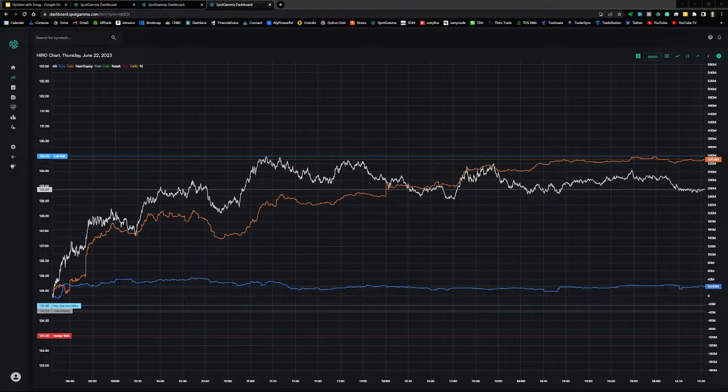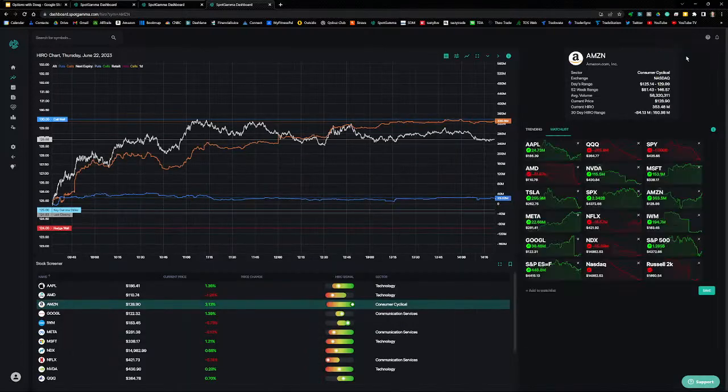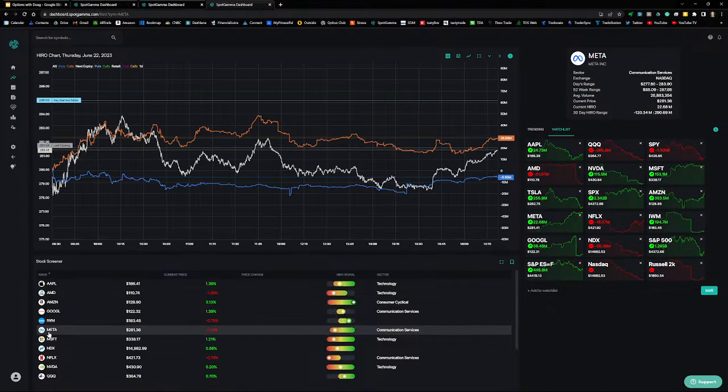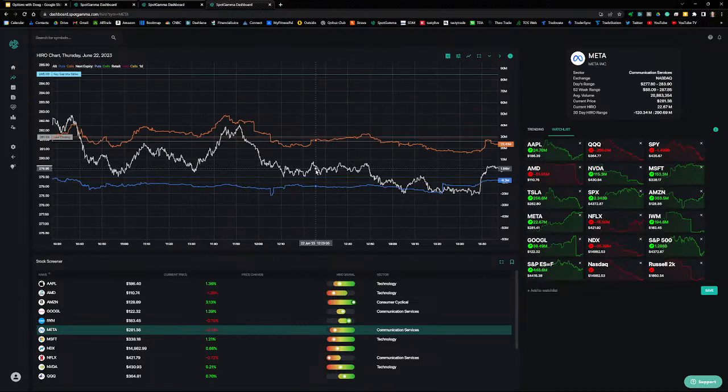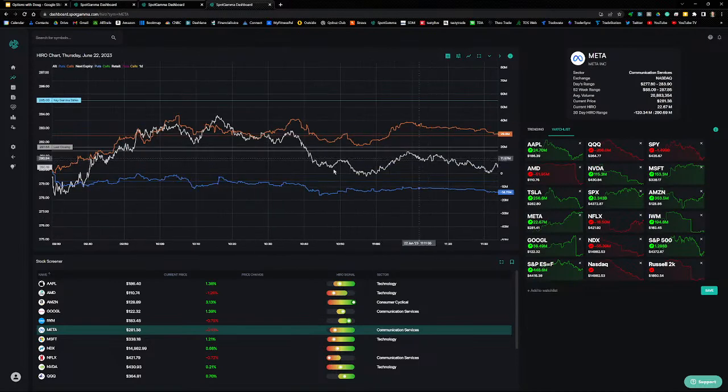All right, the next, let's take a look at Meta. And in the morning, call buyers were in there in Meta. And that's shown by the rising orange line, rising price.